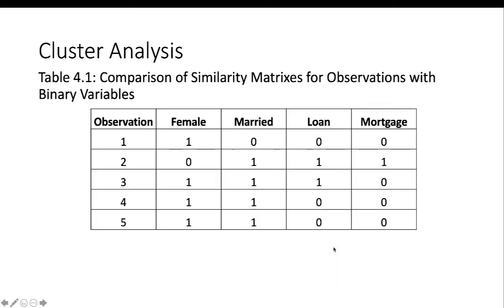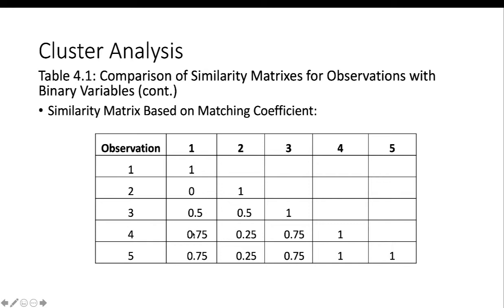So for 5 customer observations from the KTC dataset, this table contains observations of the categorical variables female, married, loan, and mortgage. Based on the matching coefficient, observations 1 and 4 are more similar, 0.75, than observations 2 and 3, 0.5.